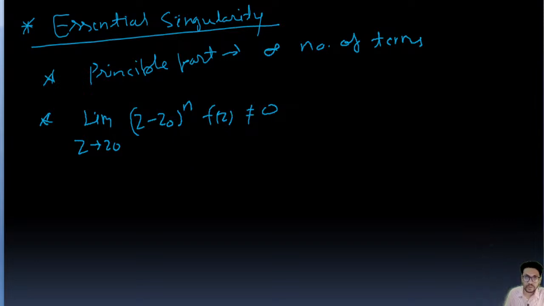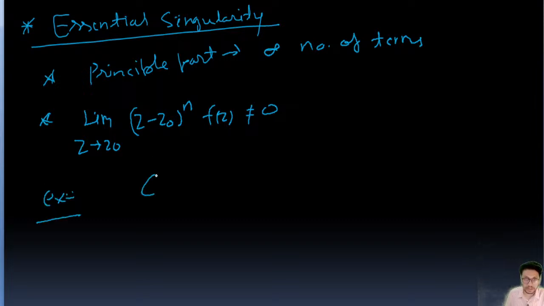In the non-essential case we have seen the principal part has a finite number of negative powers of z, but in this case there would be an infinite number of negative powers of z. Again we'll check it: if the limit exists, then that would be the order, right?